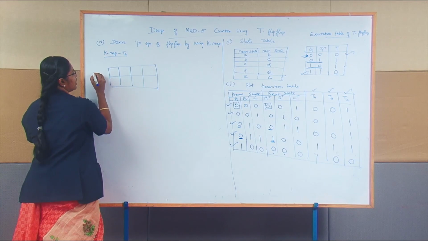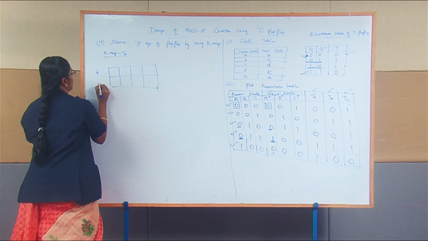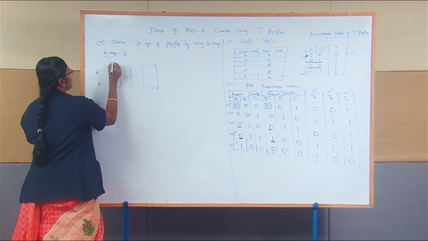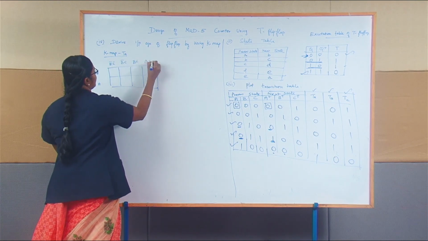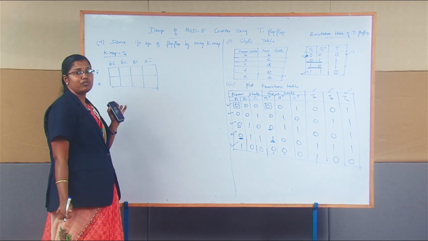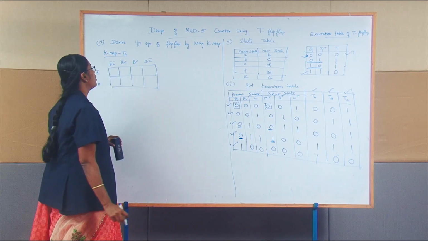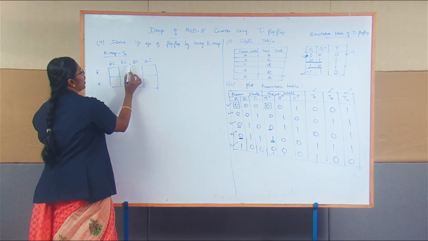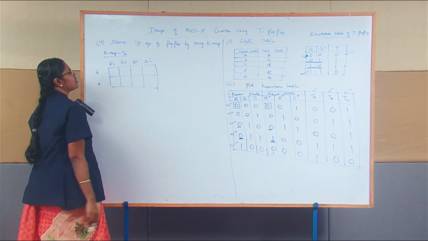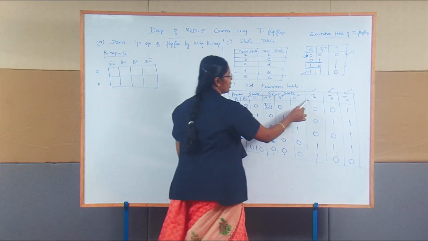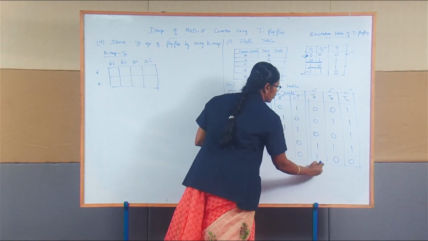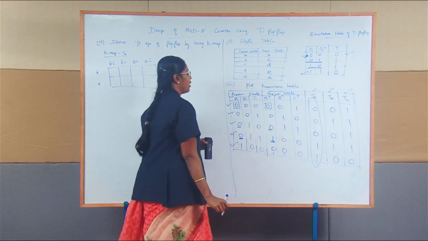Here I am assigning the values A bar, A, and B bar C bar, B bar C, B C, B C bar. You all know in K-map we follow the gray code, so here it is 0, 1, 2, 3. Now I am going to fill the values for TA, for this column.